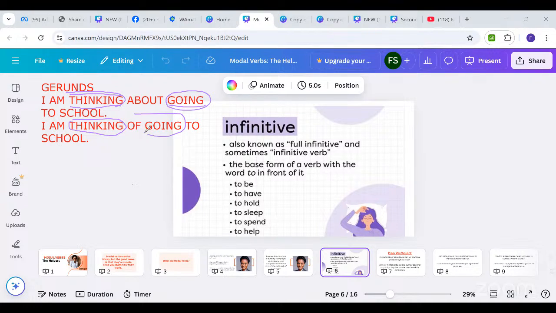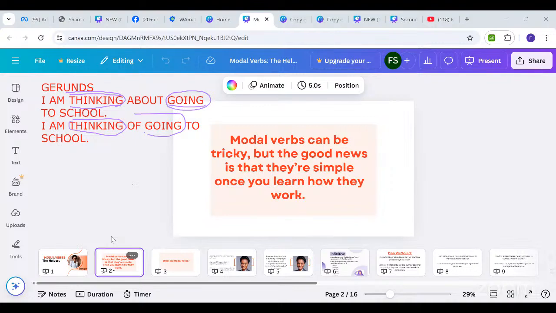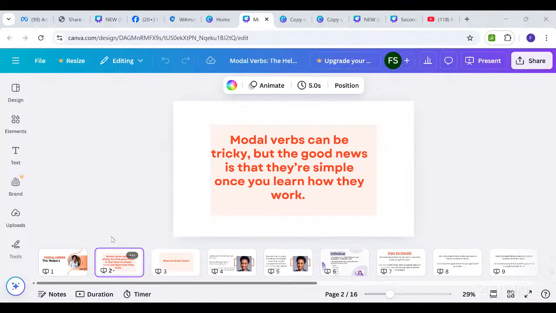Very well. Okay. So now let's move back to modal verbs. Like I said earlier, modal verbs are also called helping verbs.